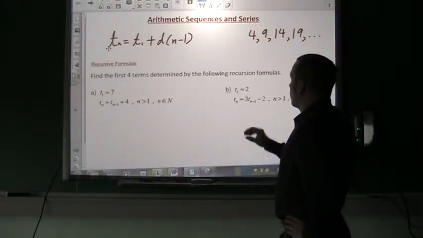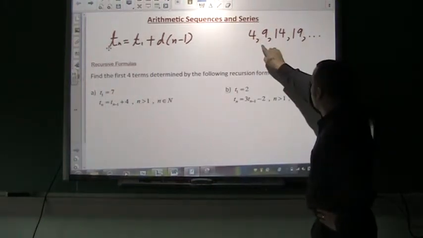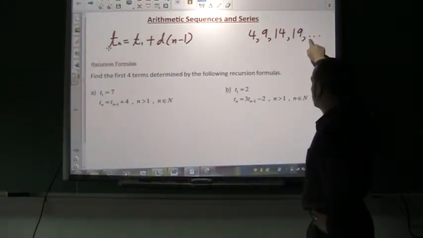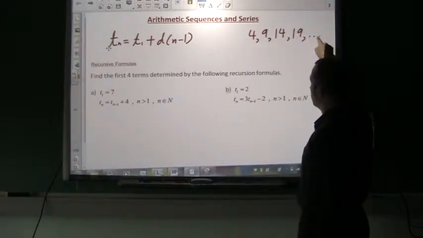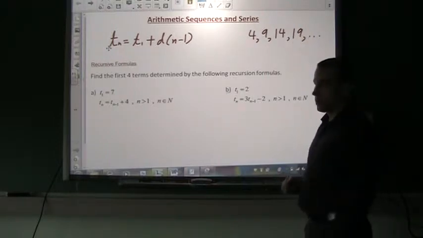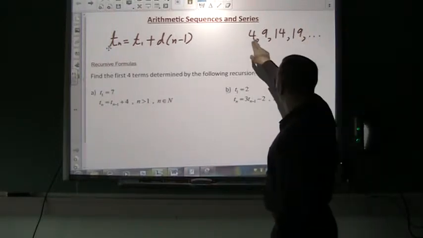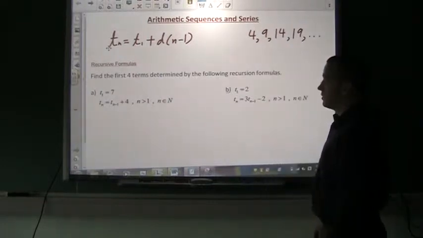So here we go. An arithmetic sequence is like this right here. I've written out an arithmetic sequence on the right hand side: 4, 9, 14, 19, and then the 3 dots on the end, which is called an ellipsis, means that this pattern continues on forever. Each one of these numbers in the sequence is a term.